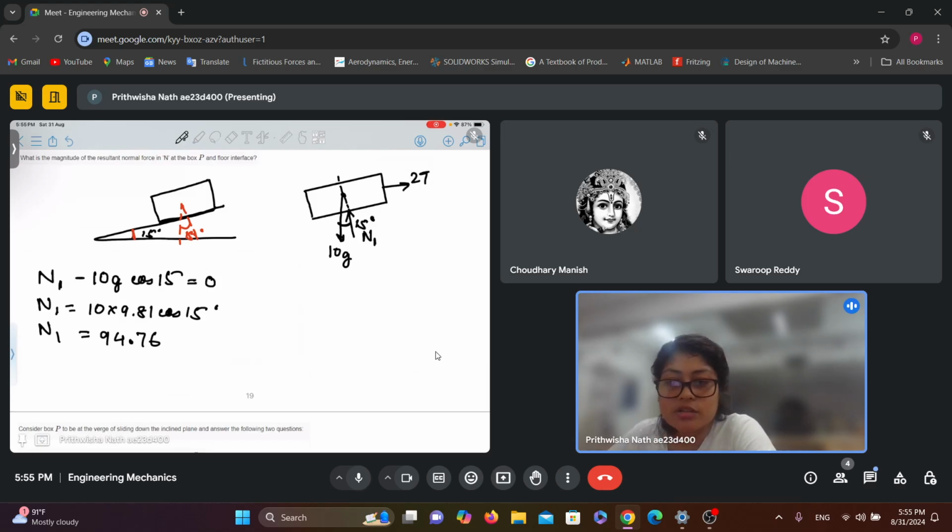So what should be the direction of the frictional force? It should be in this direction, right? Since the block is going down the incline. Is there any doubt regarding this?